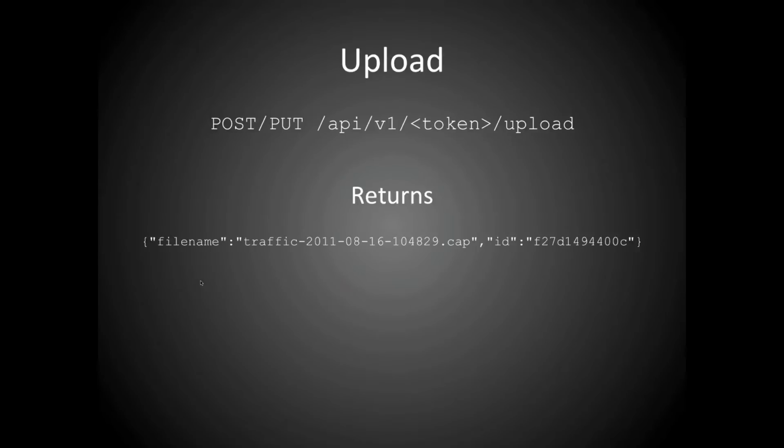And this is the JSON that is returned. It tells you the file name, and this last thing is the session ID. And the session ID is what you see whenever you go to a CloudShark URL. So what you would do in any script that you're writing with this is take that session ID and then put it at the end of the URL after captures, and it will send you to the correct capture.